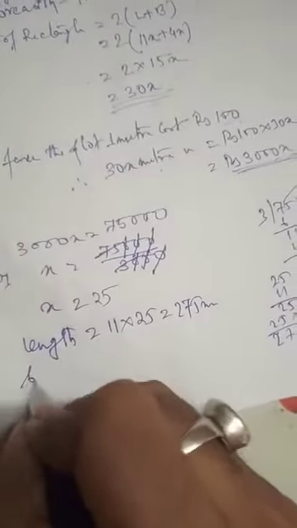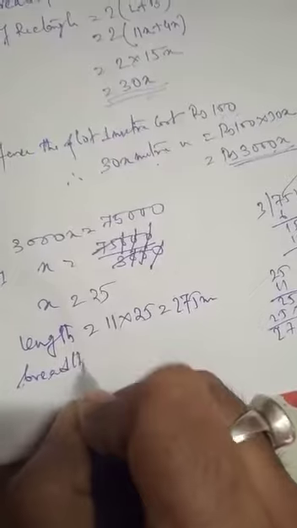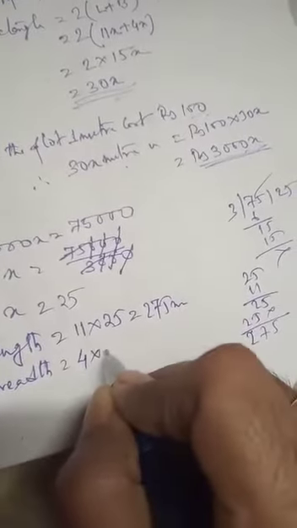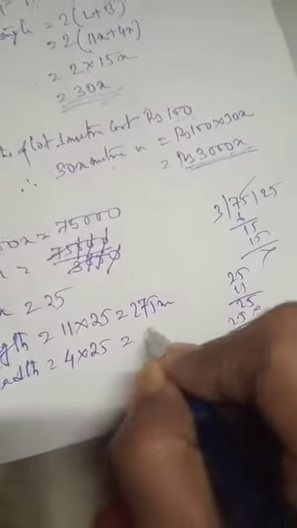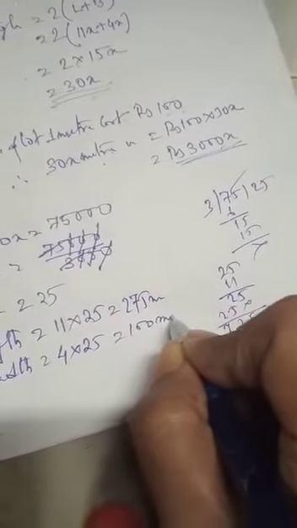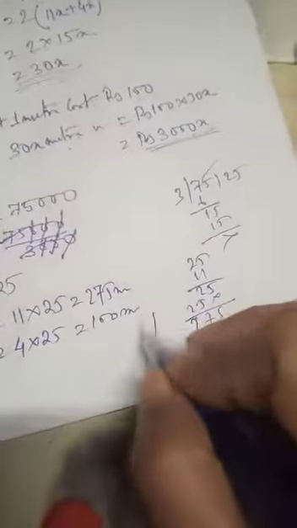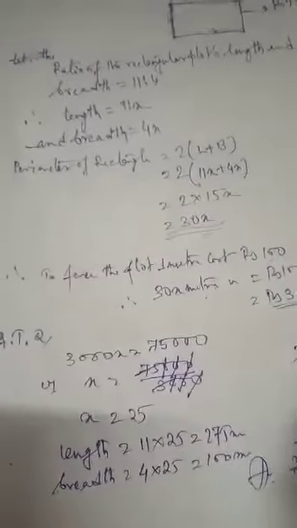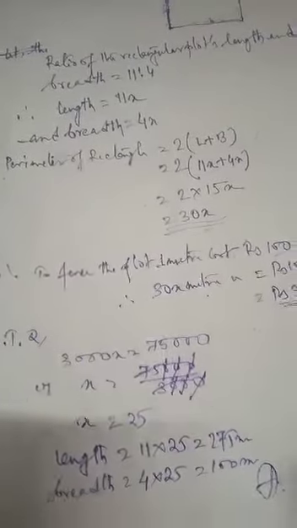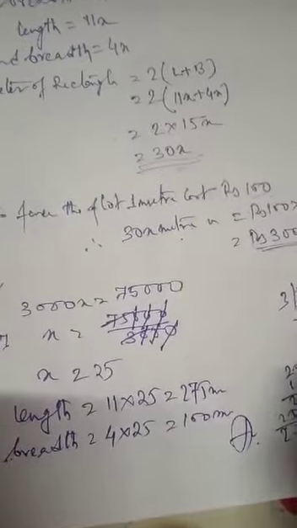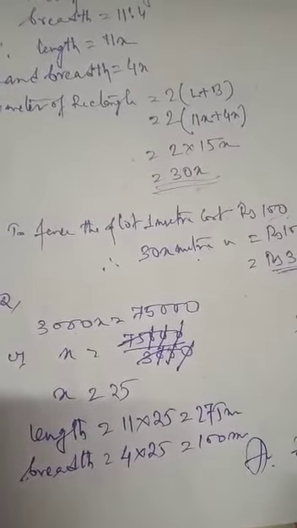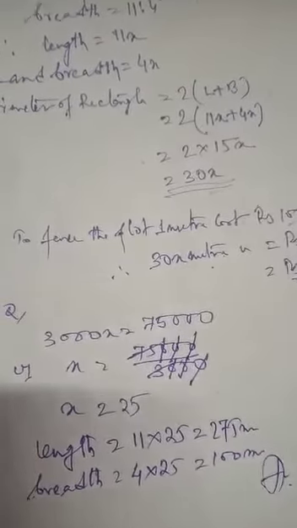And breadth is 4 into 25, that means 100 meters. These are the dimensions of the rectangular plot, and we found it. Okay, this is question number 6. In the next video we will solve question number 7.